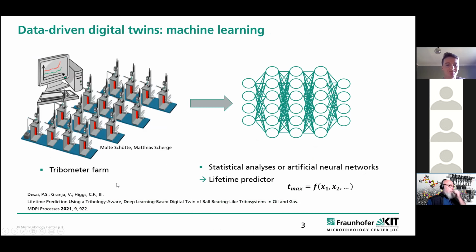We are currently working with 2 different approaches. We have a data-driven approach where we have a tribometer farm under similar conditions as in the wind turbine, and this creates a lot of sensor data, and we try to inform some neural network, and that leads us to a lifetime predictor. But we still don't know if that's enough.